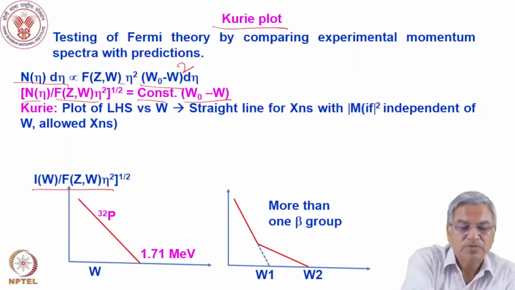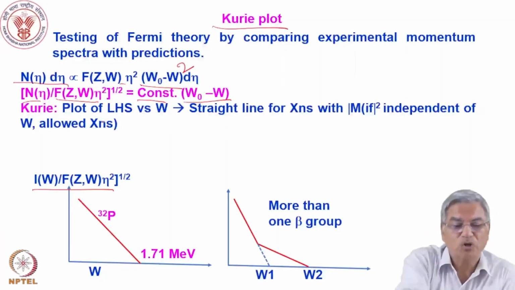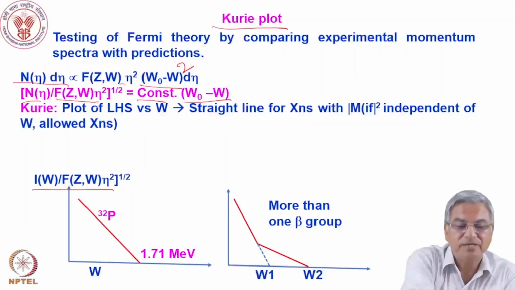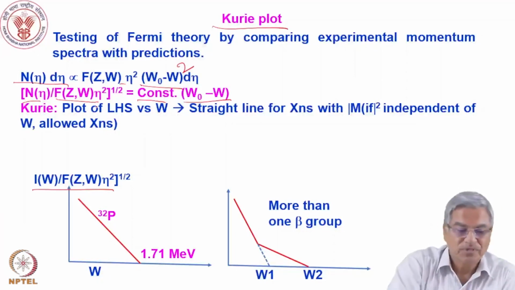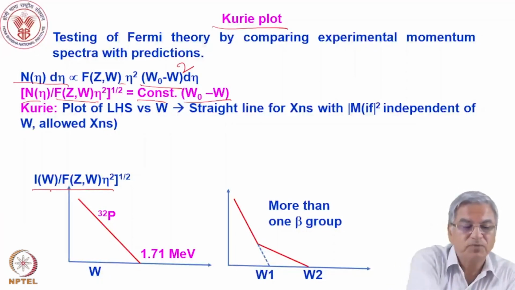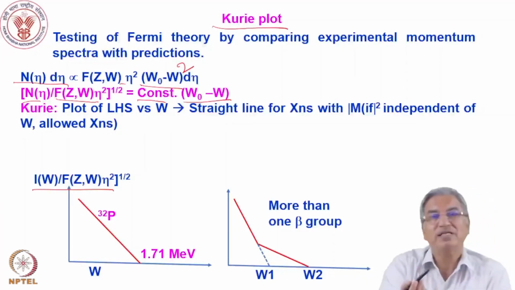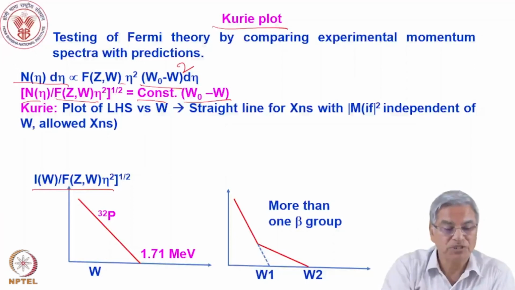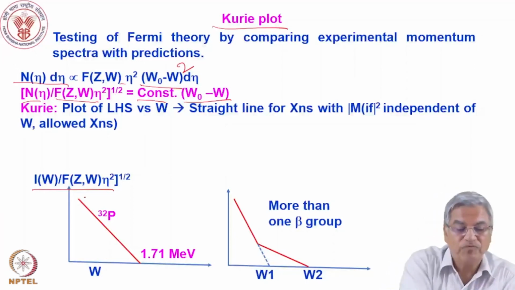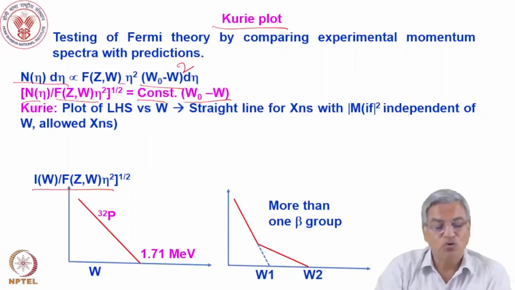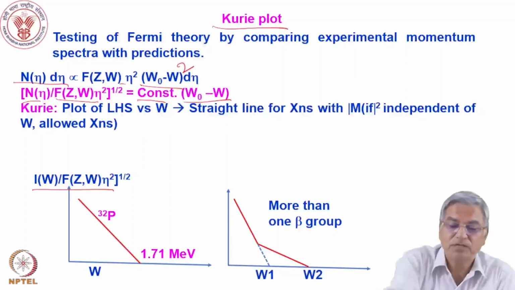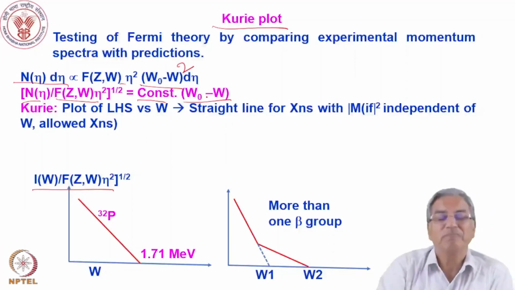Now if you plot this left hand side against W, you get this term. I(W) is nothing but N(eta); you can write it in terms of W or eta. W square is equal to 1 plus eta square. N upon the Coulomb factor, to the power half, was found to follow a straight line with a negative slope because of this negative term.